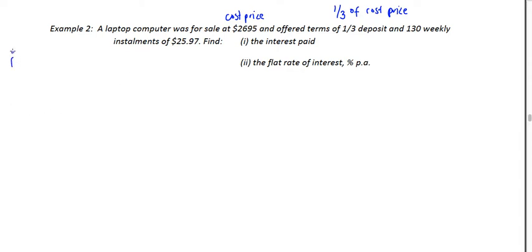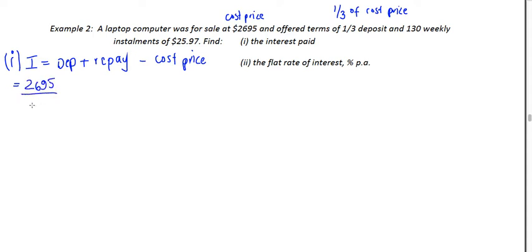So let's now calculate the interest. Remember, the interest is equal to the deposit. I'm just going to write DEP, the deposit, plus repayments minus the cost price, just write it like that just because I will run out of room. The deposit is a third of $2,695. So $2,695 over 3. Plus the repayments.